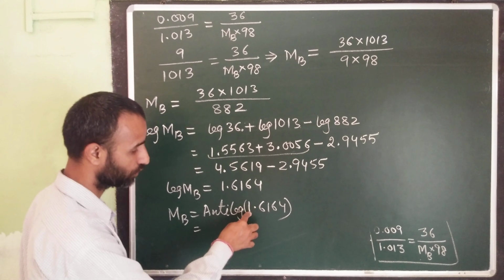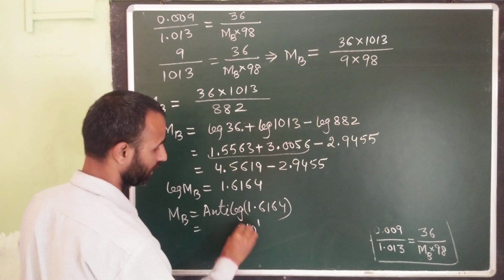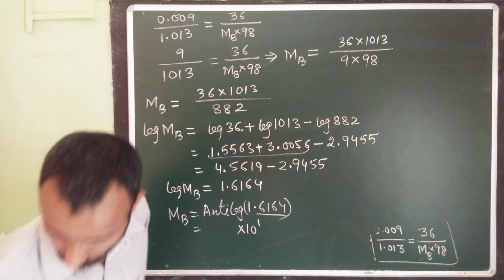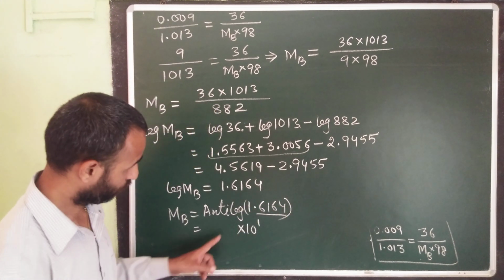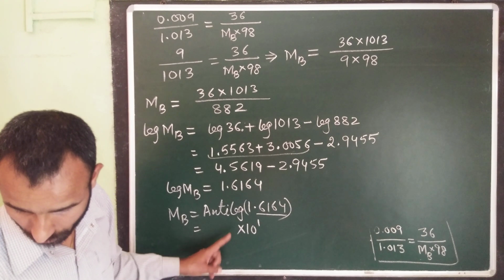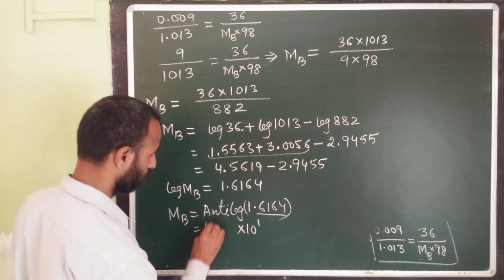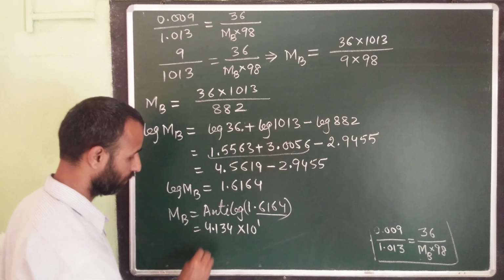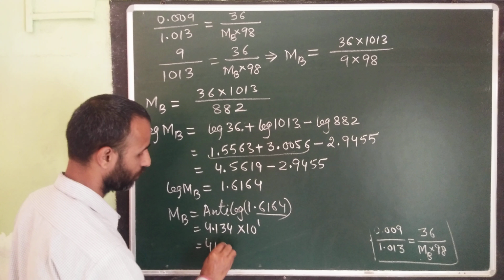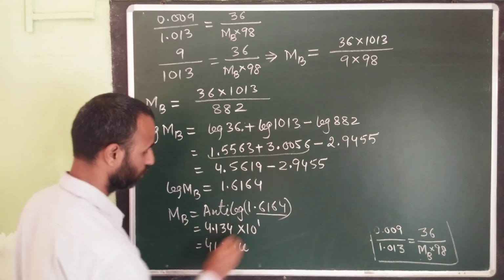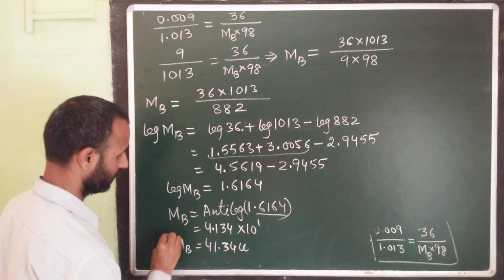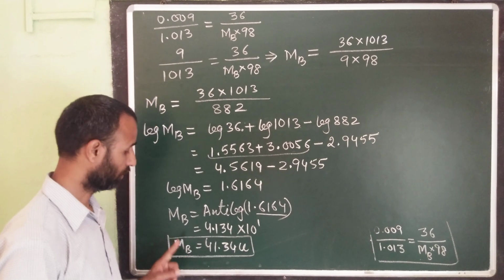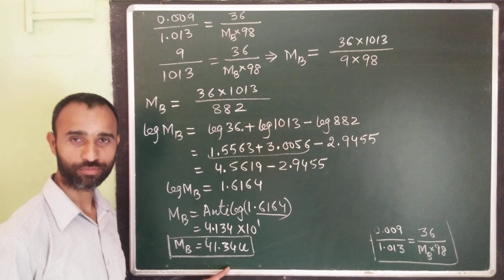Digit before decimal place is 1, so it is 10 raised to 1 into anti-log of 0.6164. Value is 4134, so it is 4.134, means 41.34 u. So this is the molar mass of the non-volatile solute, right?